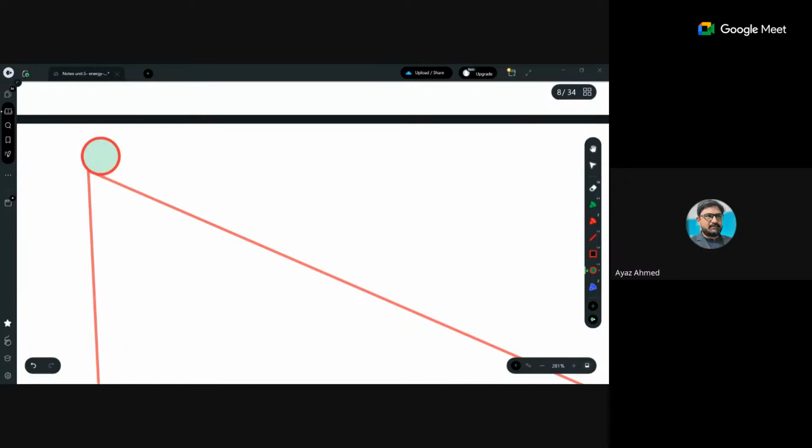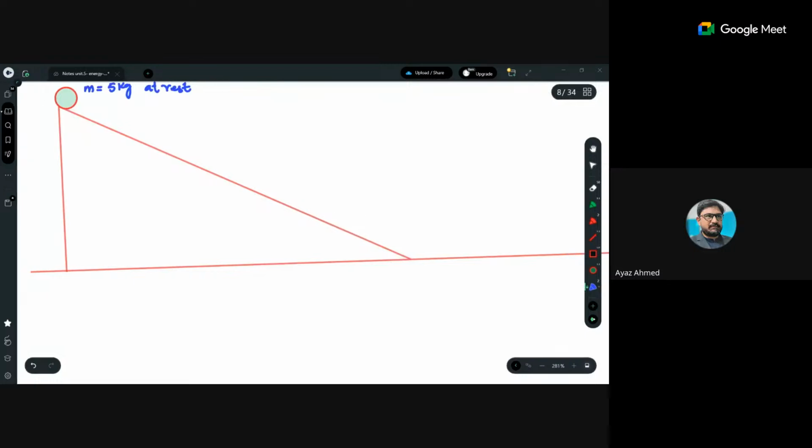Its mass is given to you. Suppose its mass is 5 kg, and it is at rest, 5 kg at rest. The height above the ground is 20 meter.